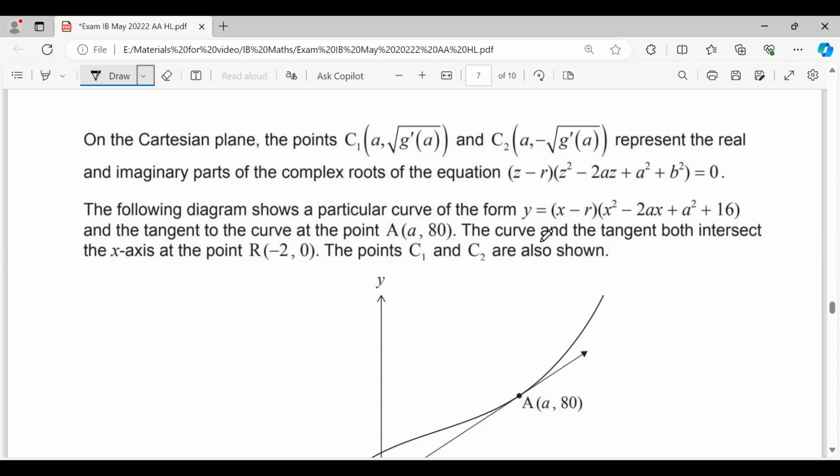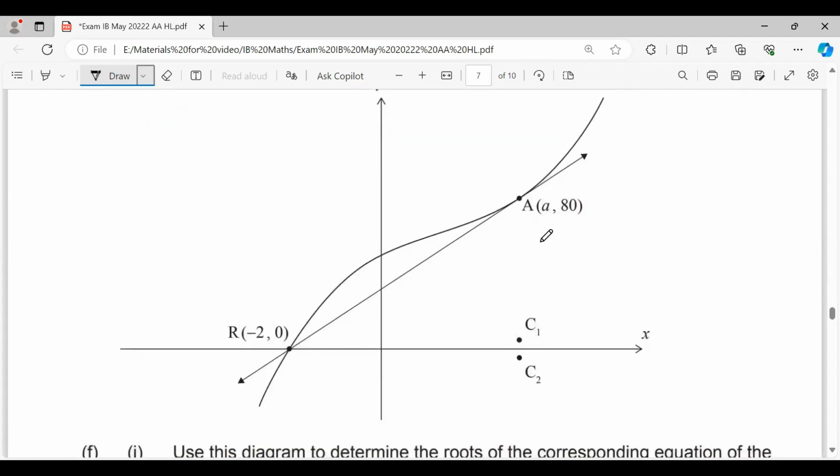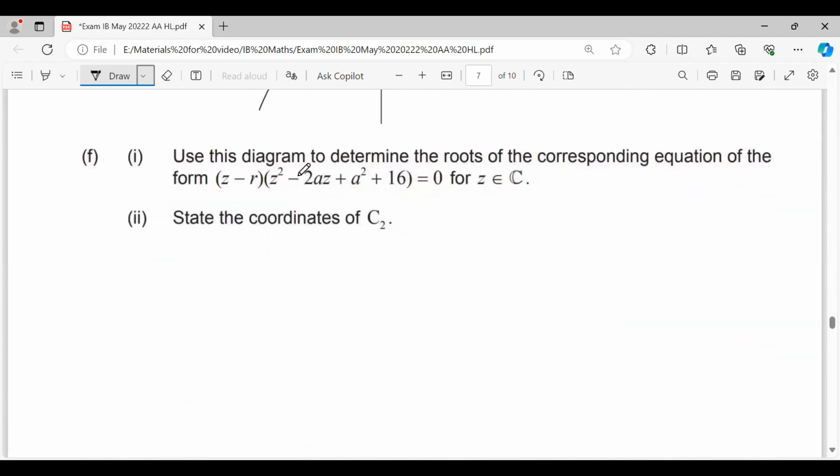The points C1 and C2 are also shown on this diagram. So C1 reflects to C2, and the reflector is the x-axis, right? Use this diagram to determine the roots of the corresponding equations of the form. State the coordinates of C2.